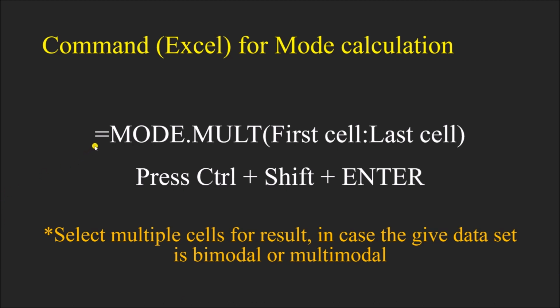After that we press equal to sign, MODE.MULT because this can be a multimodal data. Starting with the first bracket, the first cell, colon, the last cell, bracket ends. We shall not press the Enter button only, rather we shall press the Control and Shift button together and then the Enter button, holding the Control and Shift button, and we shall get the result.